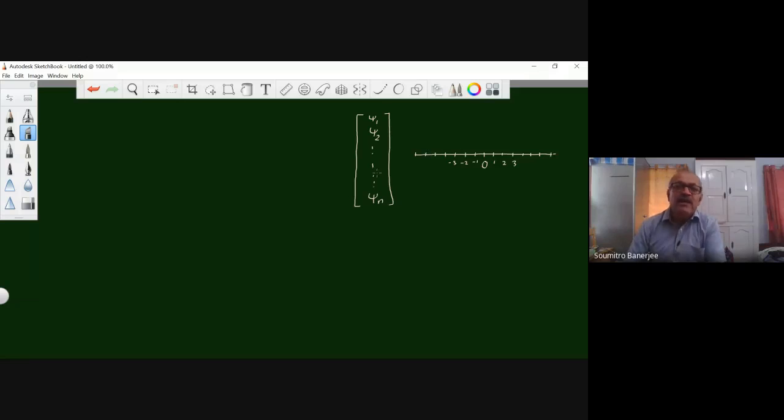Now we need to write down the Schrödinger equation, and the Schrödinger equation involves the x operator. What will be the x operator in this basis? The basis vectors are essentially 1, 0, 0, 0, 0. Again, another one is 0, 1, 0, 0, 0, 0. All that I have already talked about.